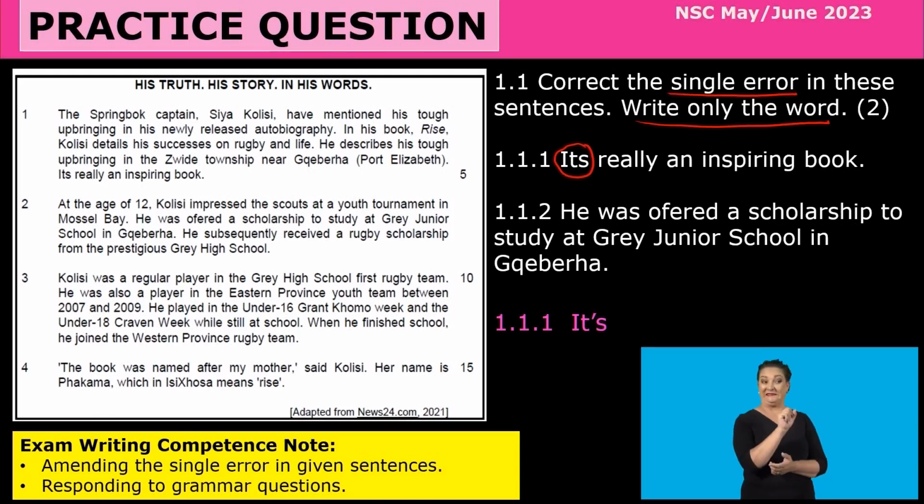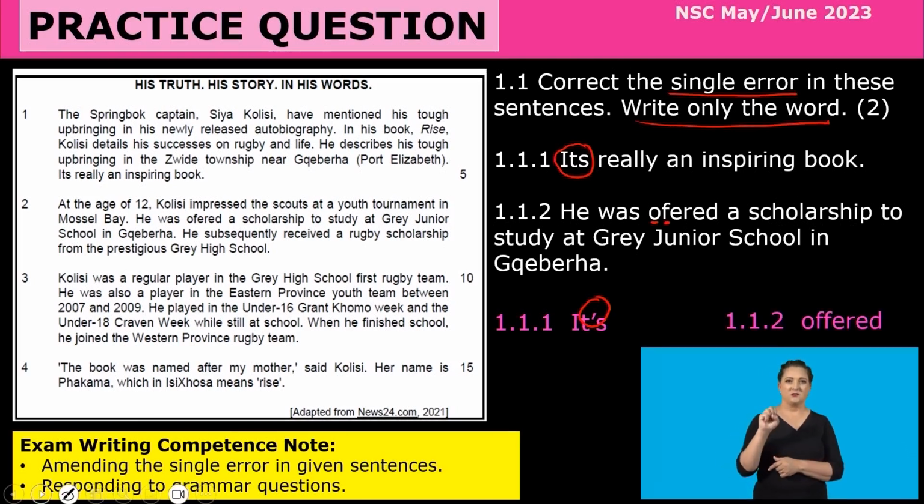So in that case, we are missing the apostrophe, which is indicated in our response there, all right? In our next sentence, he was offered a scholarship to study at Grey Junior School in Gqeberha, all right? So in this case, we see there's a short vowel sound, but we only have one consonant after the short vowel sound.